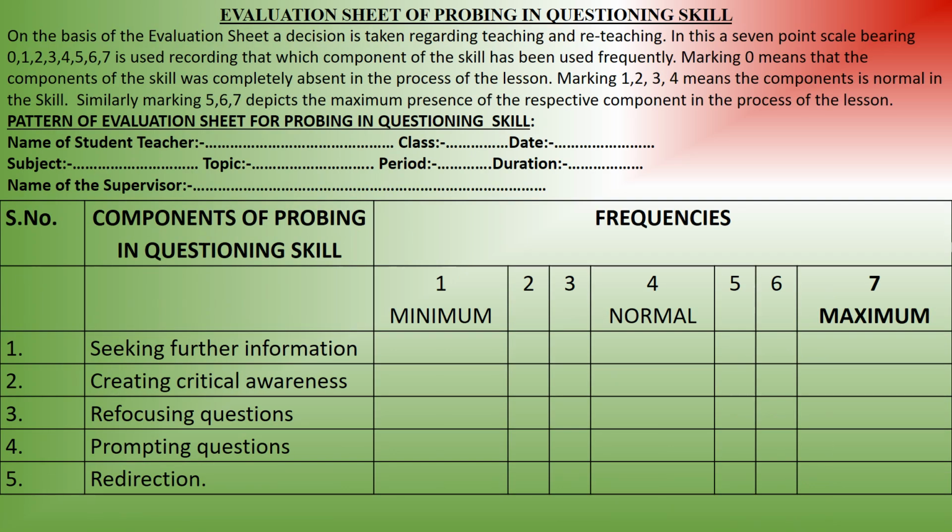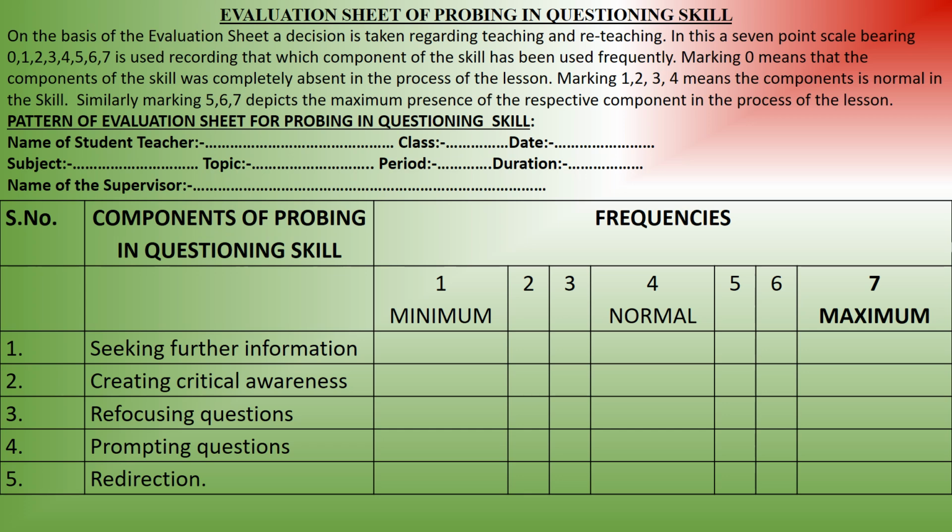After the observation schedule for probing questioning skill of micro teaching, the next is the evaluation sheet. On the basis of the evaluation sheet, a decision is taken regarding the teaching and reteaching. In this, a 7-point scale is prepared bearing 1, 2, 3, 4, 5, 6, and 7 for recording which component of the skill has been used frequently.